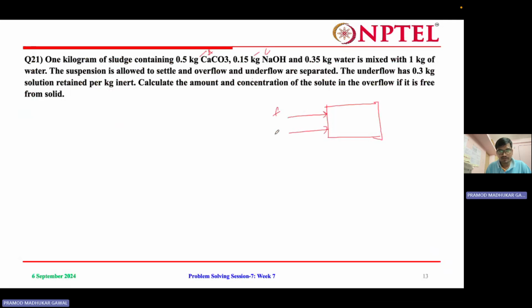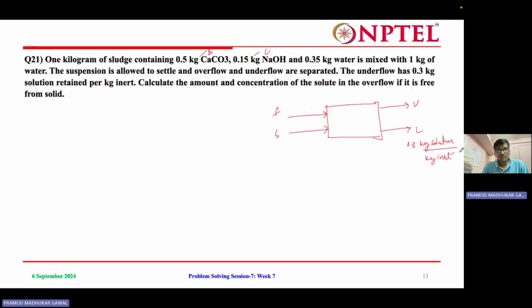Right? This is the feed. This is the solvent. This is the overflow, so overflow is denoted by V and underflow is denoted by L. The underflow has 0.3 kg solution retained per kg of inert. So here 0.3 kg solution per kg inert, right?